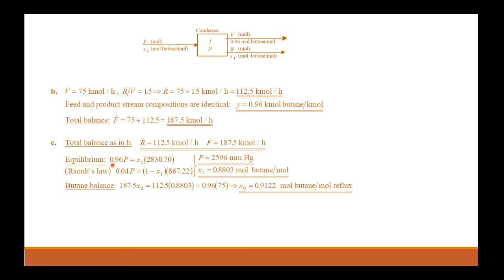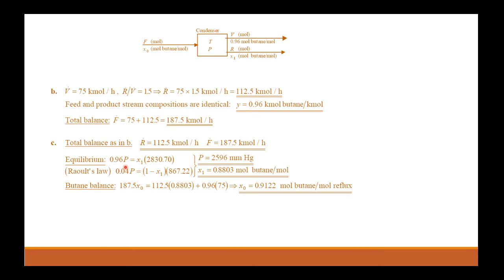The mole fraction of butane in vapor phase multiplied by P is equal to the mole fraction of butane in liquid phase multiplied by its vapor pressure, which we have calculated in part A using the Antoine equation. This is the vapor pressure of butane that was calculated using the Antoine equation.